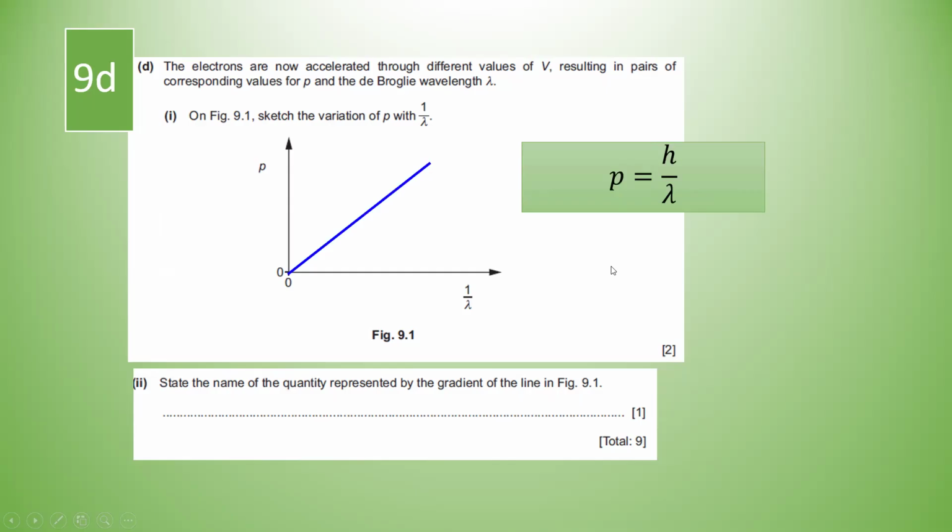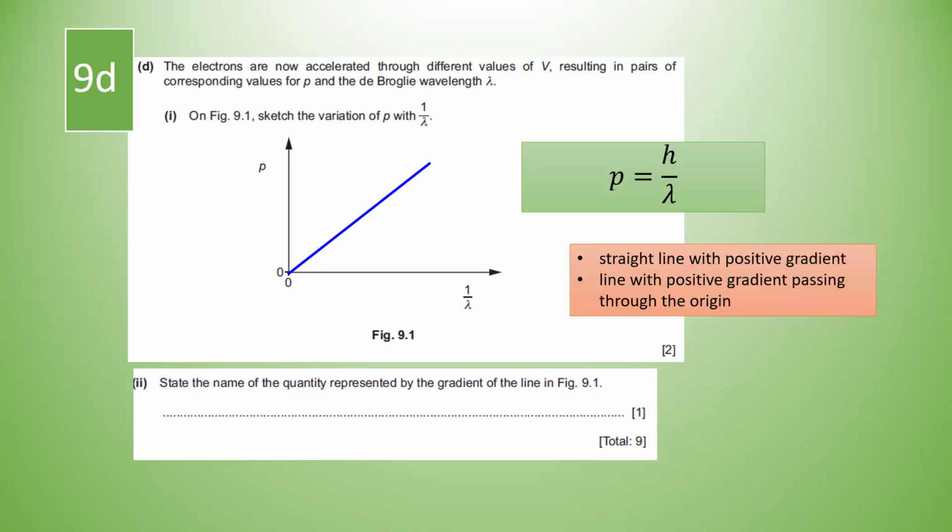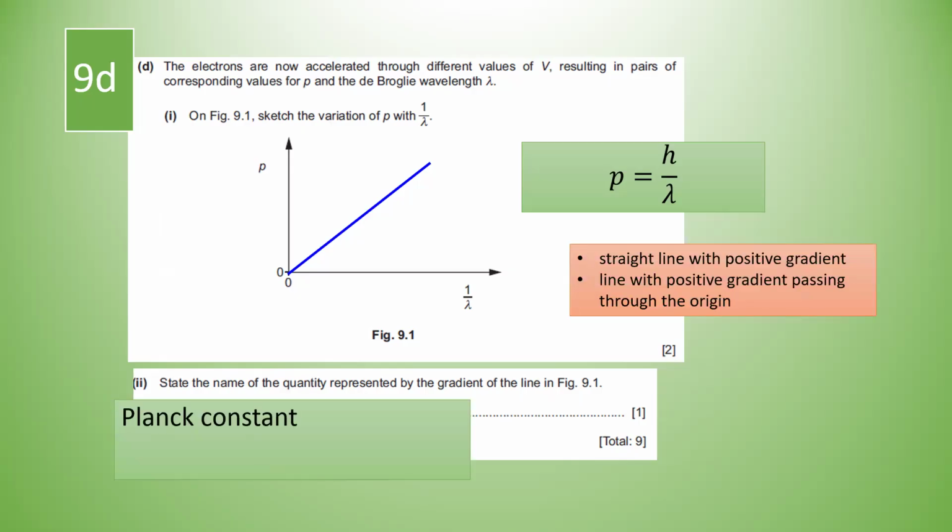State the name of the quantity represented by the gradient of the line. We are just using de Broglie's equation. Your lambda is your x, p is your y, your gradient is h, right? Planck constant.